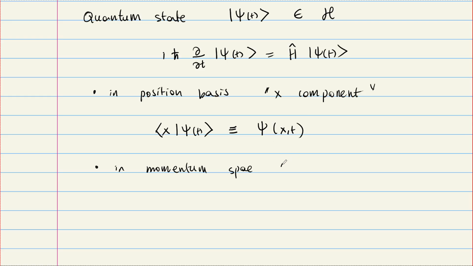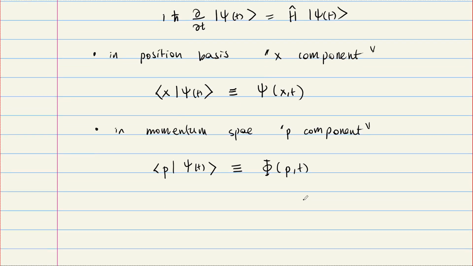And the similar argument is going to be the p component. For that, we just do exactly the same thing. We take bra p and take the inner product with ket psi. And this object, a couple of lectures ago, we defined it to be the Fourier transform of the wave function, psi tilde of p, t.